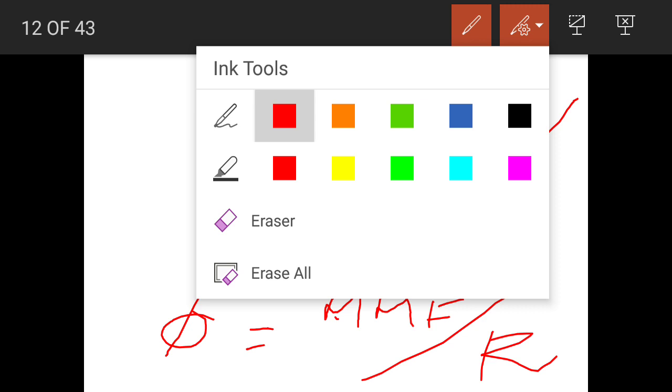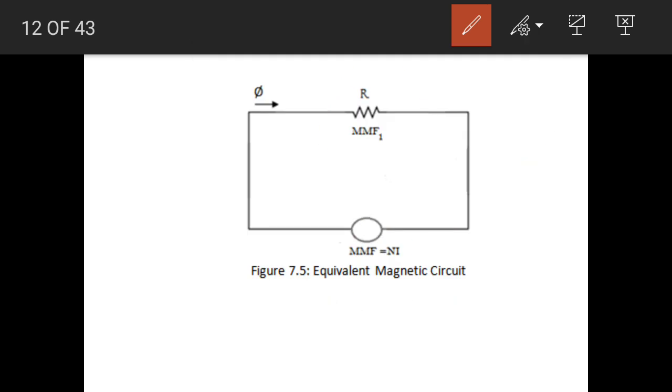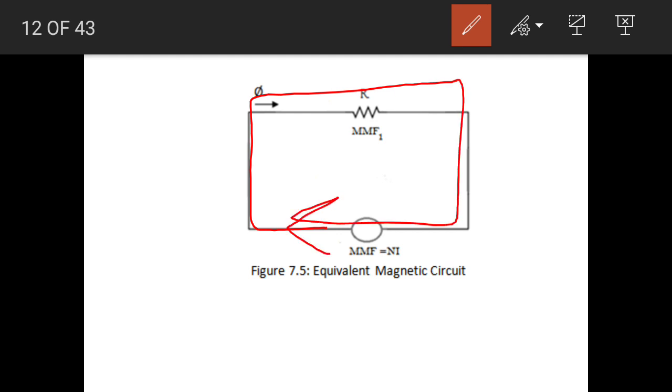The MMF in this magnetic circuit will generate the magnetic flux, and the magnetic flux will circulate in this magnetic circuit.